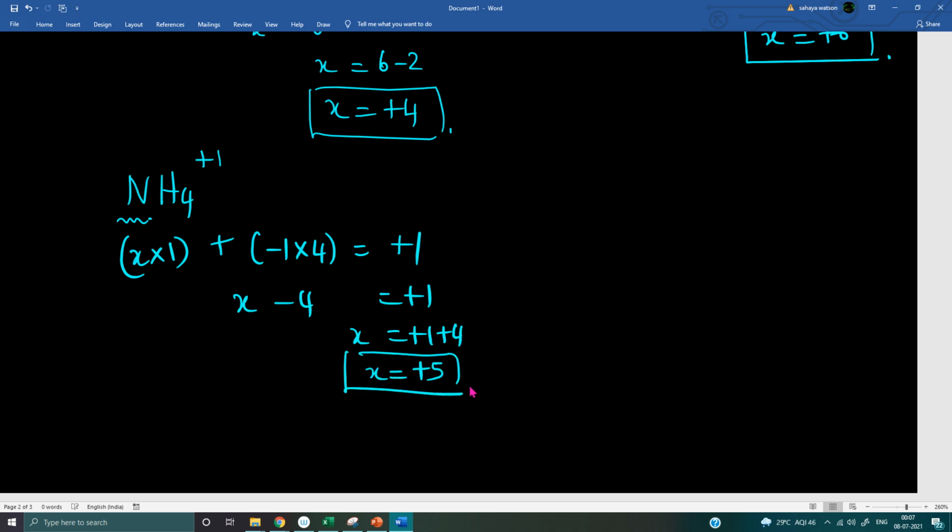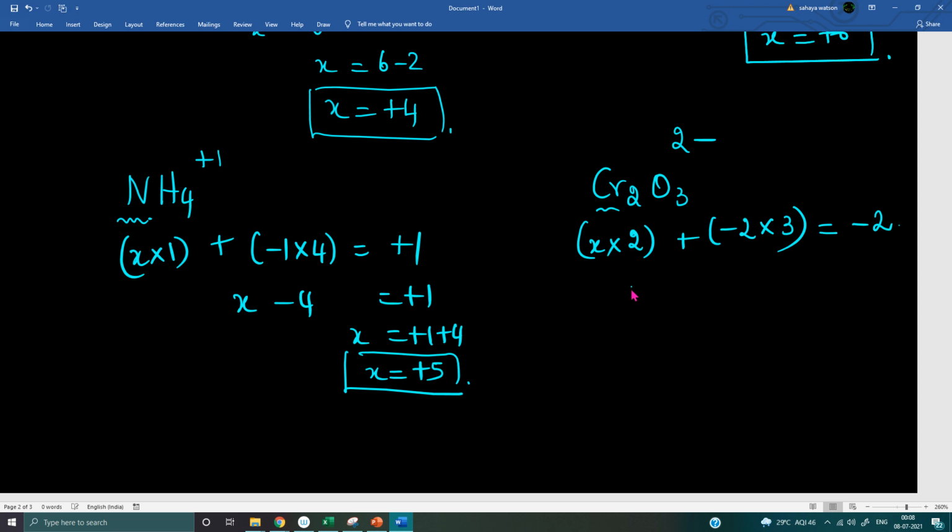Another example, Cr2O7 2-. For chromium we don't know the oxidation number, but the number of chromium atoms is 2, plus the oxidation number of oxygen is -2, the number of atoms is 3, equals the charge over the ion, which is -2. 2X - 6 = -2, 2X = 4, X = +2.